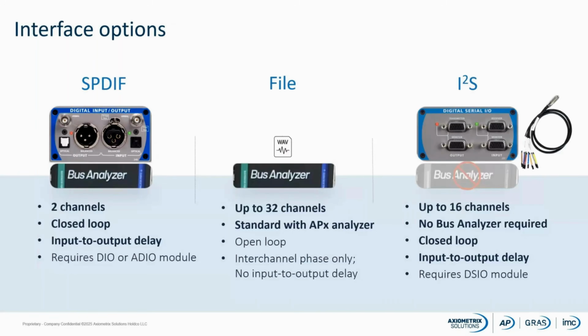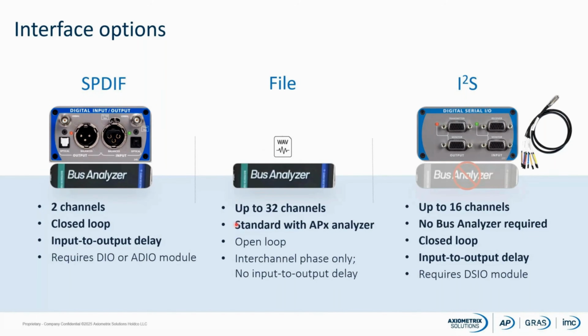So to summarize, there are three ways of interfacing with an A2B device. SPDIF supports 2 channels and allows for closed loop operation, which, as I mentioned, enables the possibility of measuring input to output delay. File supports up to 32 channels.